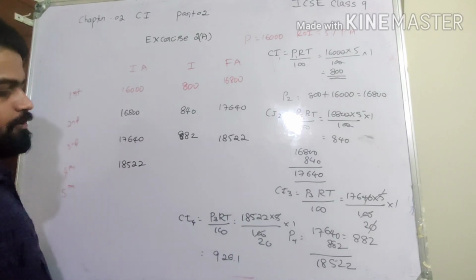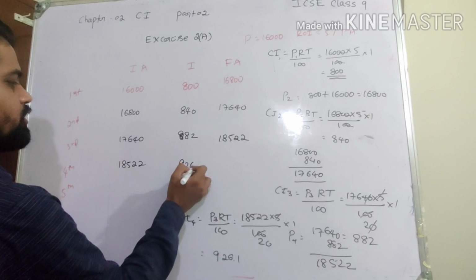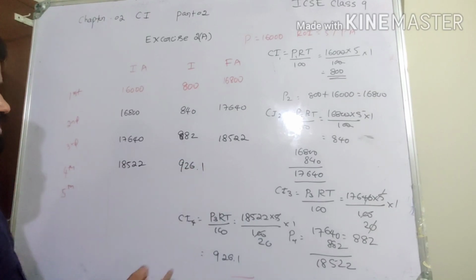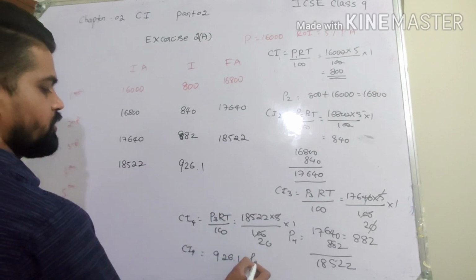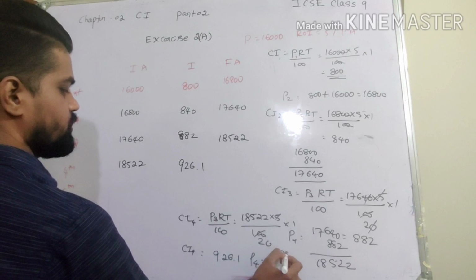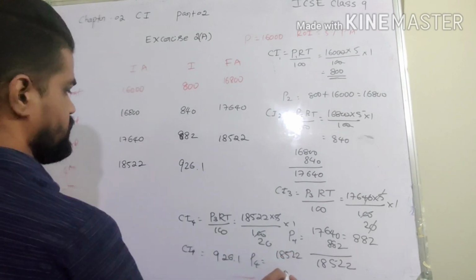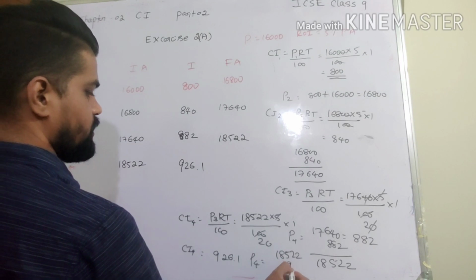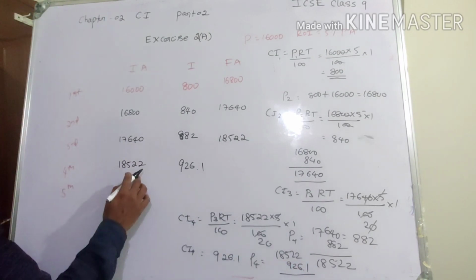That will be the value: 926.1. So the final amount will now be P4, which is the sum of 18,522 plus 926.1.